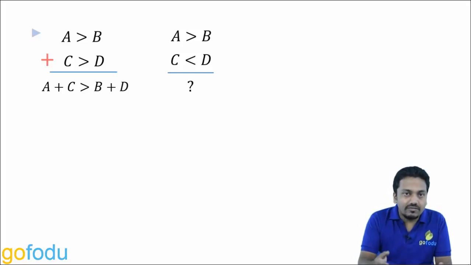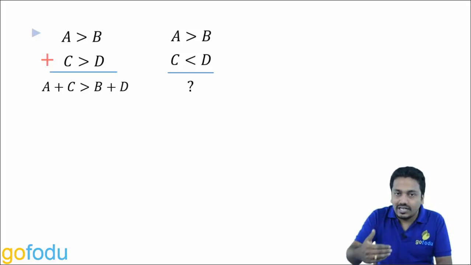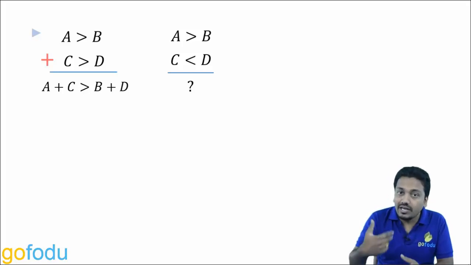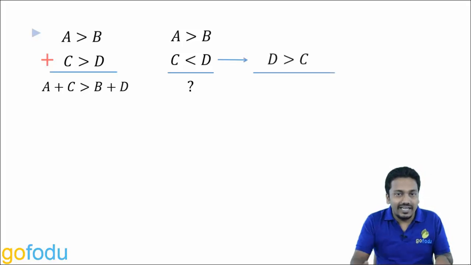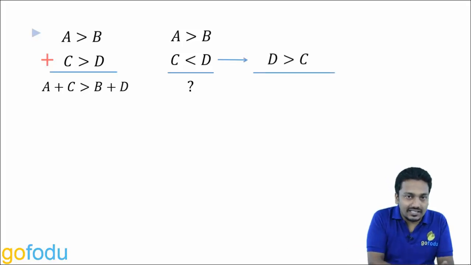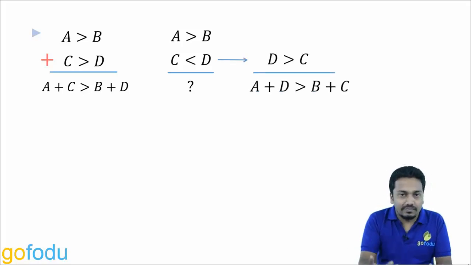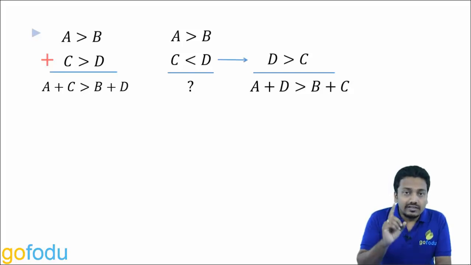We cannot comment if the sign of first inequality will take over the sign of second inequality or will it be the opposite. What we can do here is write c is less than d as d is greater than c, and then we can simply add these up. The direction of inequalities should be same.